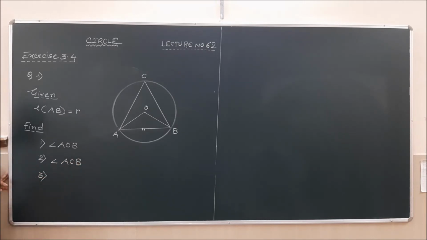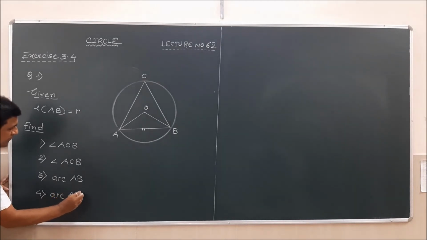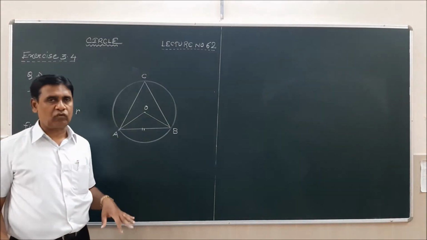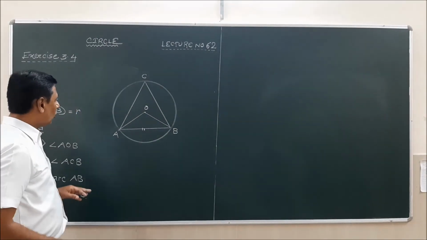Third one is arc AB, and the fourth one is arc AC. This is a perfect question for 3 marks or 4 marks. Alright. Now what is given?